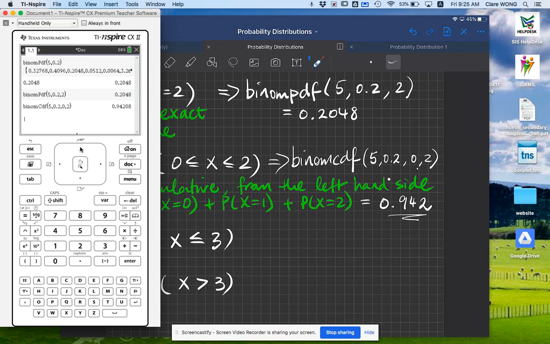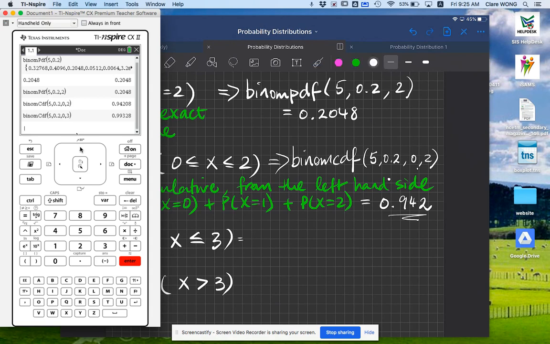If you move your cursor up, it highlights the answer, and if you go one further up, it highlights the command. And you can copy it by pressing enter, and you can change the values you like. So in this case, I need to change it to 3 because it's 0 to 3 inclusive. And it gives me 0.993.